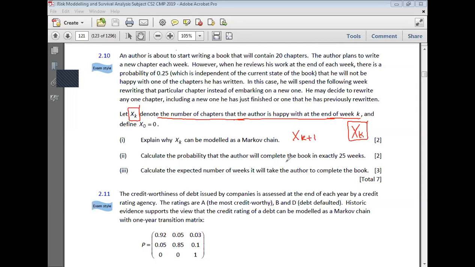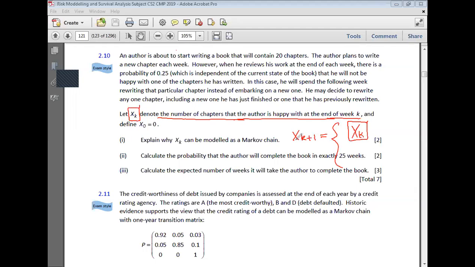So what we have is xk plus 1 and xk. So xk plus 1 is the number of chapters that the author is happy with at the end of week k plus 1. So I know that the number of chapters that this author is happy with could either be equal to the chapters that he was happy with at the end of week k, right? And when would that be the case?